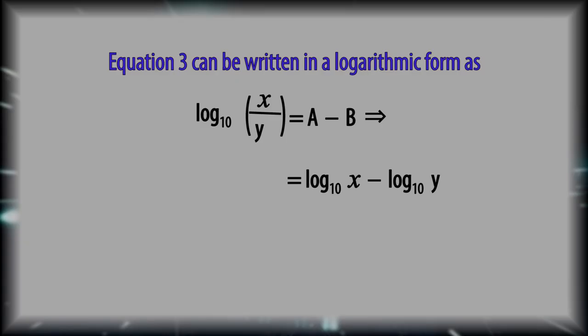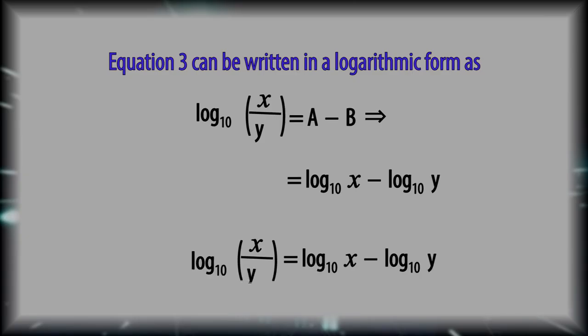So we can substitute. Then we get log base 10 of x divided by y to be equal to log base 10 of x minus log base 10 of y. Now that is the second rule for logs.